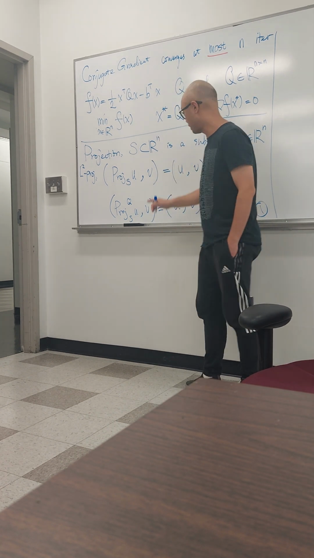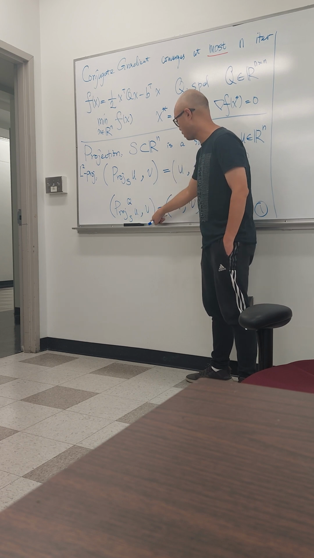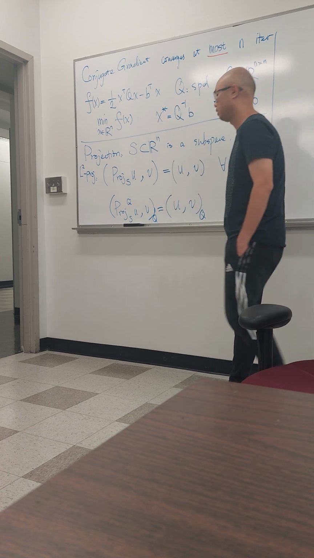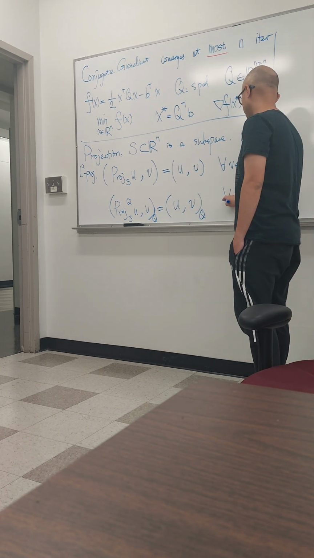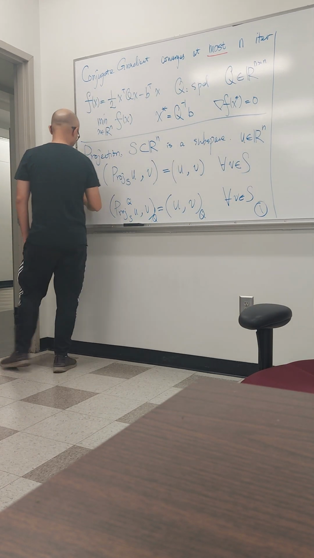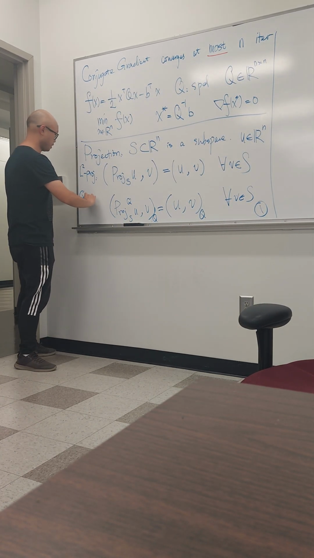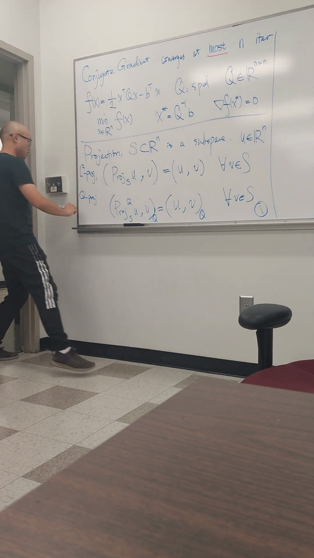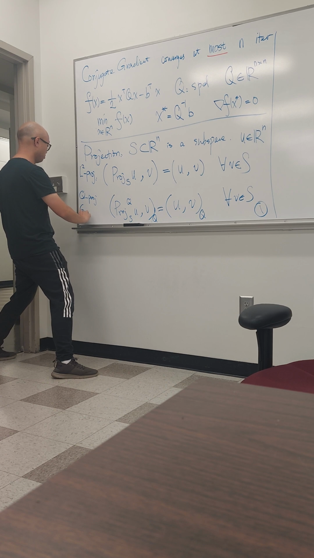So the Q projection. If we add a superscript Q here, what we need to do is, this is the Q inner product. So the definition is the same, except we have a Q here. This is normally called Q projection, or it even has a more famous name.